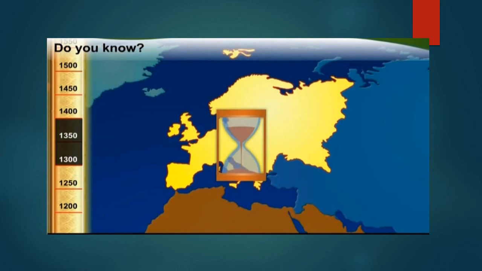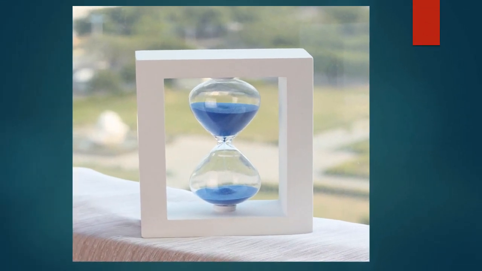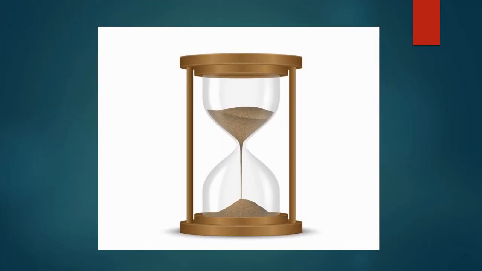Do you know, children, in the 14th century, the hourglass came into use in Europe. It consisted of two connected glass vessels fitted in a wooden frame. Dry fine sand was poured into one of the vessels. The connecting hole between the vessels allowed the sand in the top vessel to fall into the lower vessel.